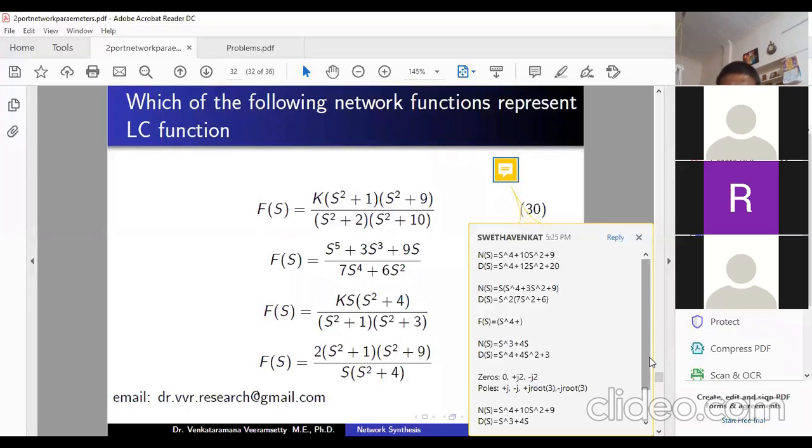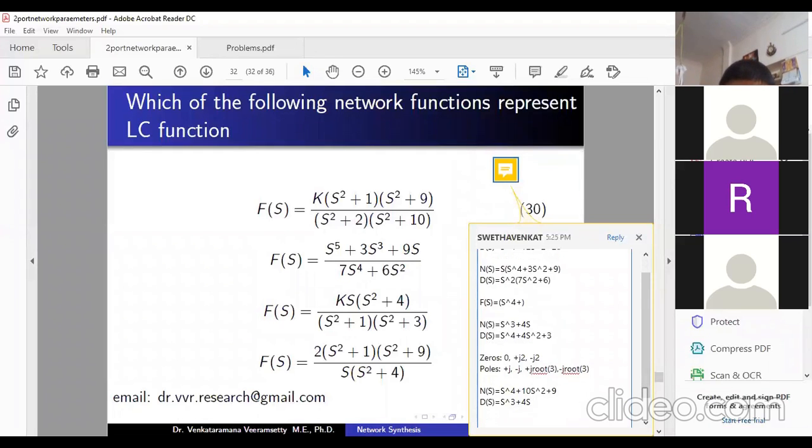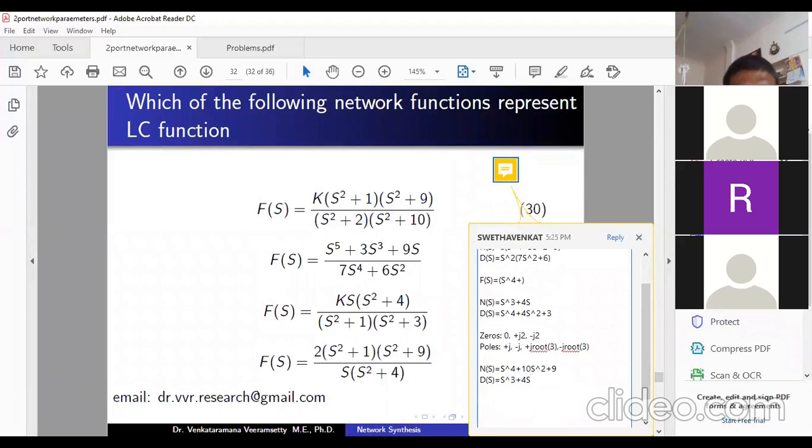So for now we have to calculate the roots. Calculate the roots of the numerator polynomial, that is the zeros. The roots of the numerator polynomial are called the zeros.